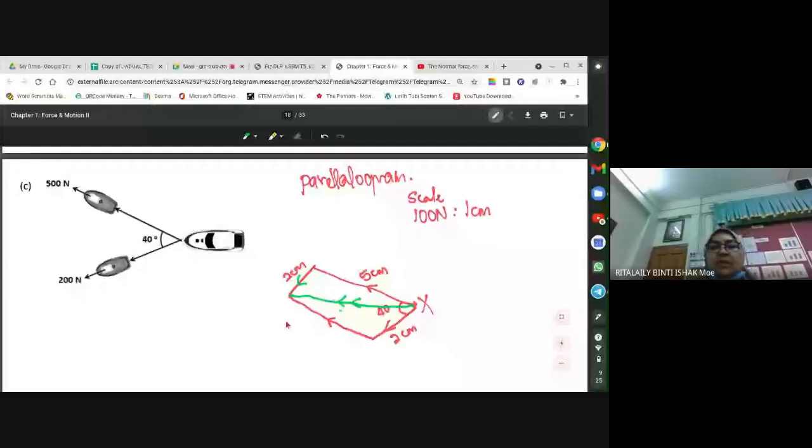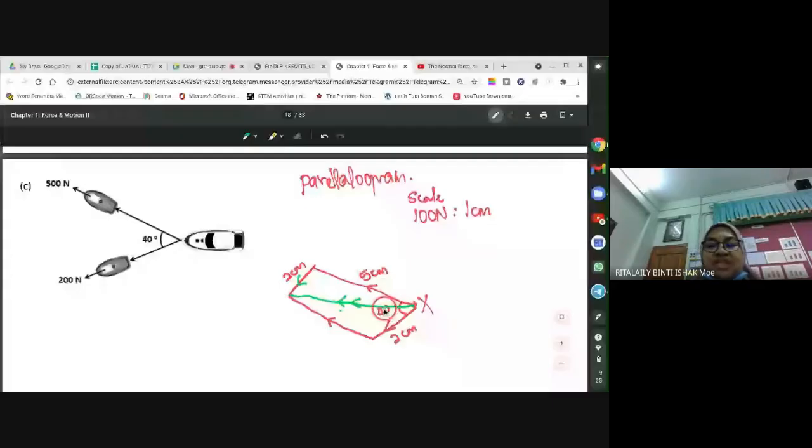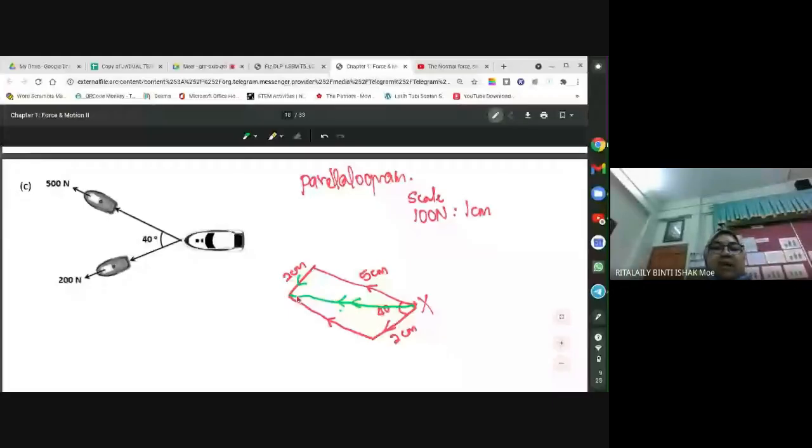Okay, so after we draw the resultant force, which is the green line, we measure the green line. For this diagram, we no longer take into consideration the angle of the resultant force. For parallelogram, they won't ask you for which direction. If they ask you for the direction, you have to show it in the diagram.